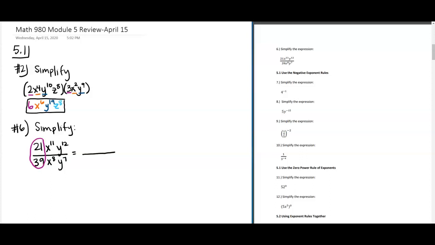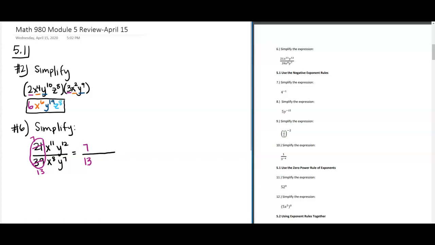So if we reduce this, we can see that 3 will divide into both of those numbers. So 3 divides into 21 7 times and into 39 13 times. So I'll have 7 on the top and 13 on the bottom. All right, and make sure that's all the way simplified.